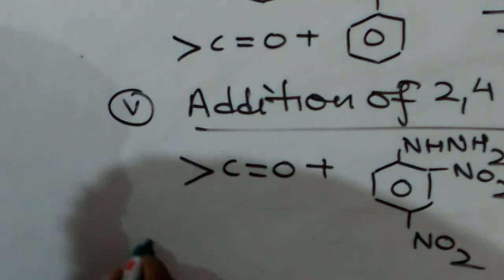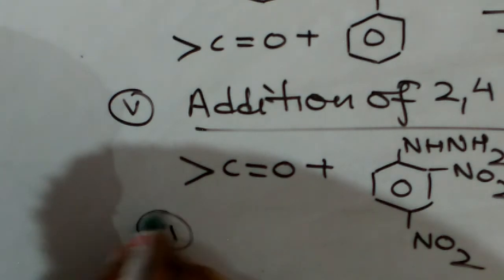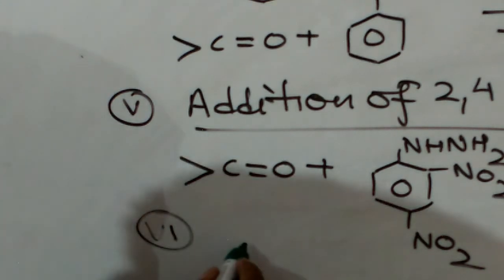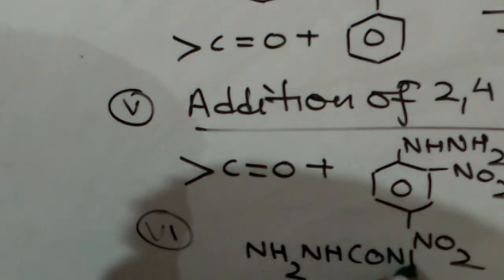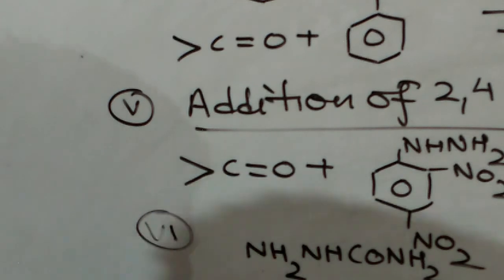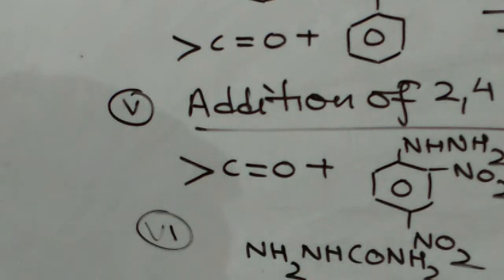2,4-dinitrophenylhydrazone. And the last one is addition of semicarbazide. The formula of semicarbazide is NH2 NH CO NH2. There are two NH2 groups, but only one can react with aldehyde and ketone due to resonance.